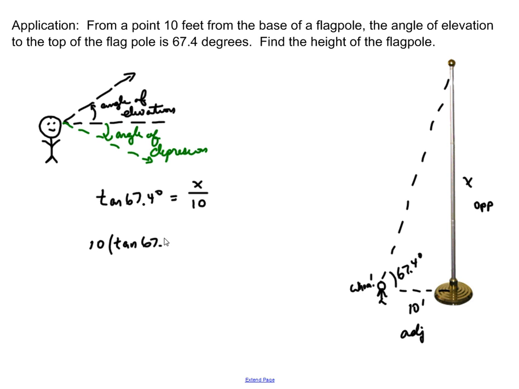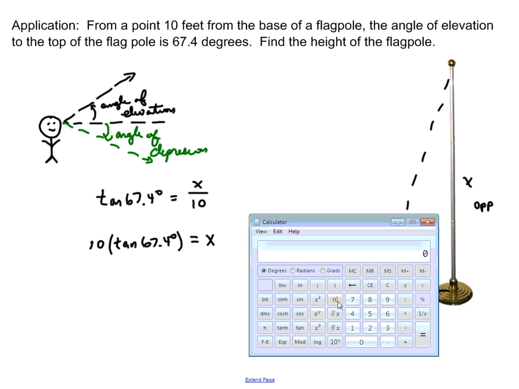So let's try it out right here. I'm going to use my calculator to get this one. In this case, 67.4 degrees, I'm going to take the tangent of that angle and multiply it by 10. And I get 24.02.